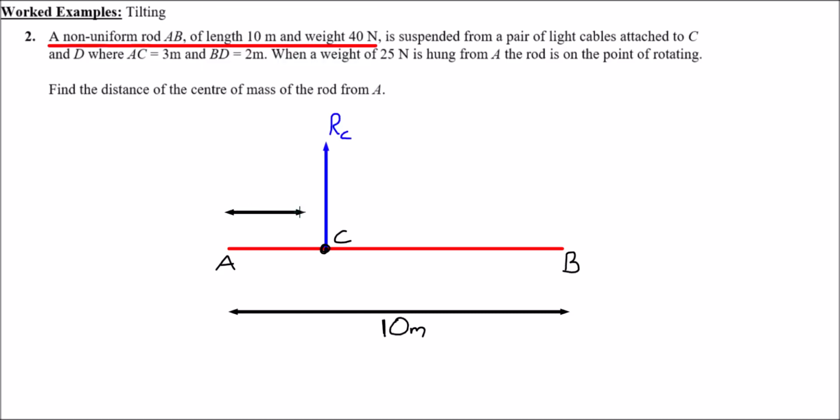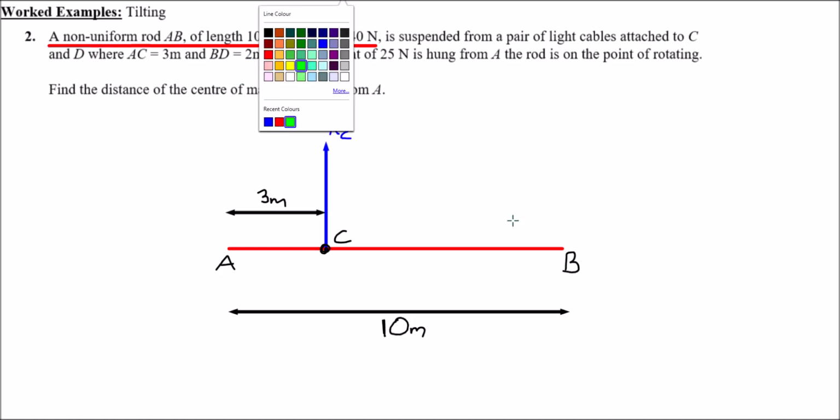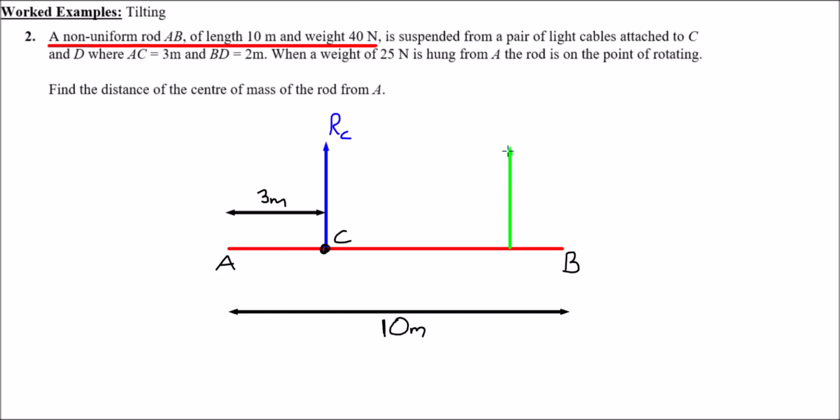So let's label this on. It's also suspended from D, where from B to D is 2 meters. And so D is 2 meters away from the end where B is, so we can draw this on as well easily enough, like so. So that's going to be at D, get it nice and straight.